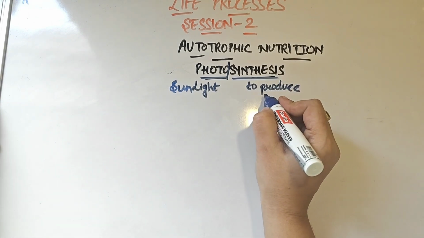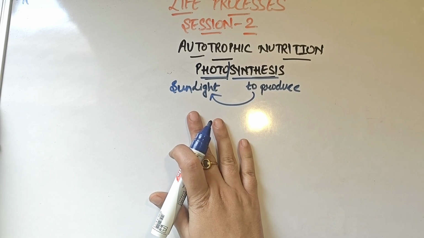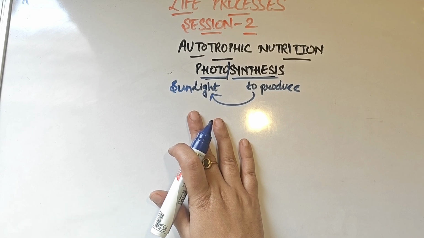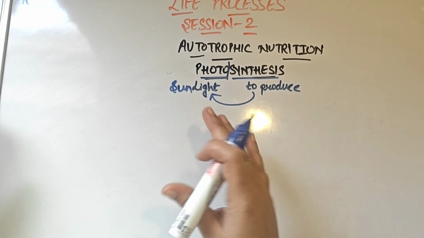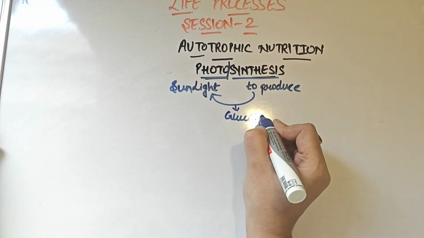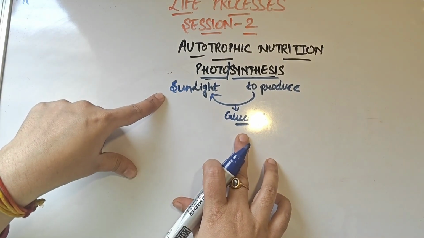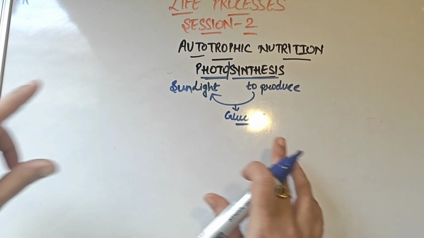So the process in which plant make their own food in the presence of sunlight is what is known as photosynthesis. And again, to clarify, since we are continuously using the term plants will make their own food, so what do we actually mean by saying food? So here we are talking about nothing but the glucose, right? So plant will make their own glucose in the presence of sunlight. That is what is known as photosynthesis.